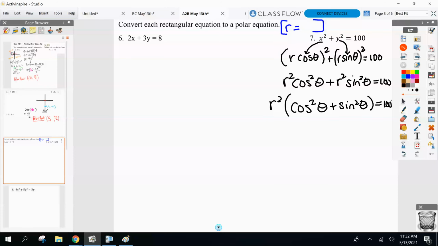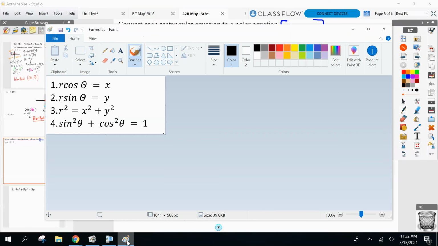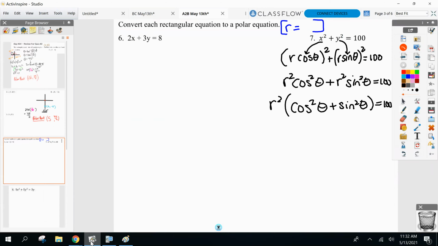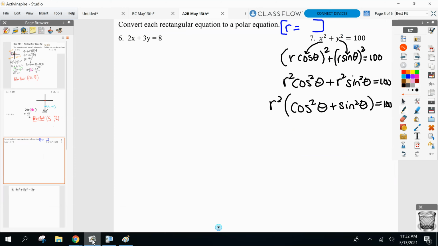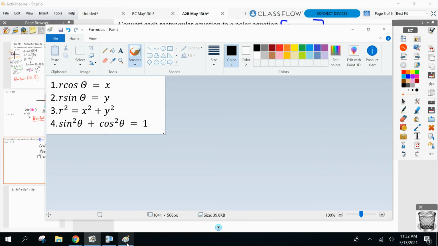All right, look what's inside the parentheses. It should look familiar from what I'm going to give you. One of the formulas, cosine squared plus sine squared, also known as, what can I substitute in for there? Will, what can I substitute in for cosine squared plus sine squared? Here's the formulas you'll be given.